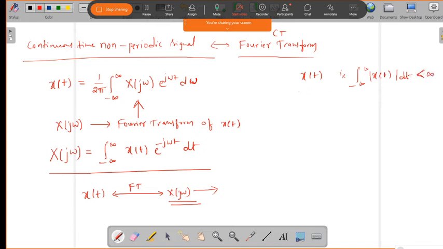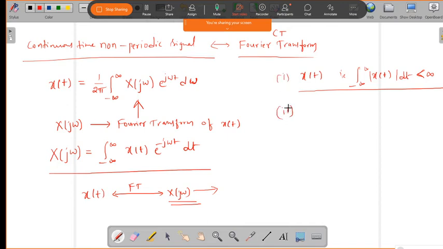If it is absolutely integrable, then along with the other conditions, its Fourier transform exists.